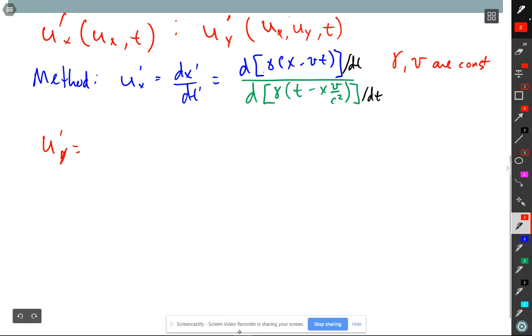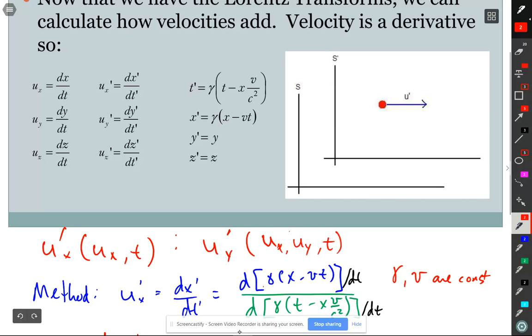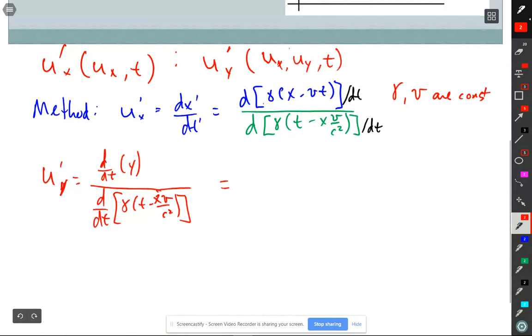Just to go through the steps, so that somebody watching on the internet can see it. dt of gamma times t minus x v over c squared. But dy dt was just u sub y, so the top is just u sub y.